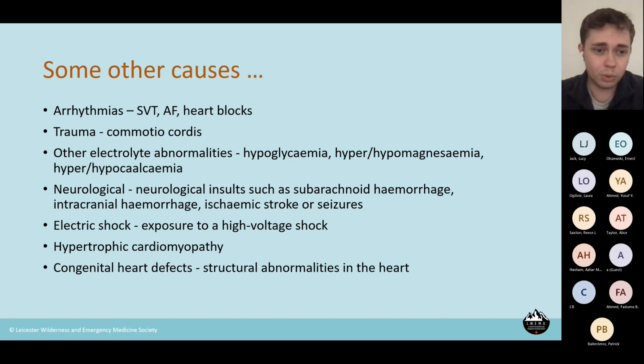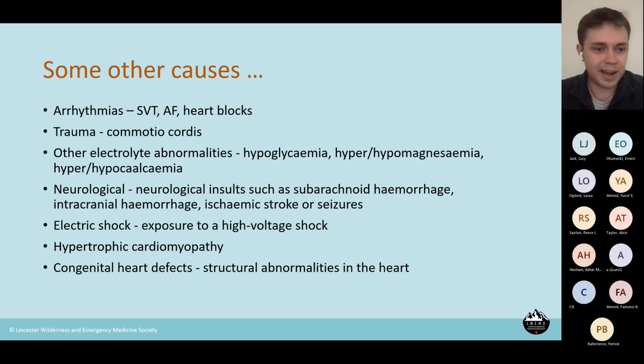It's known as commotio cordis, if you want to look it up, but essentially it's a blow to the chest and they go immediately into cardiac arrest. That's commonly seen in sporting, like in baseball in America. It happens occasionally where someone gets hit at high impact in the center of their chest and they drop to the floor immediately and go into cardiac arrest. And that's called commotio cordis.